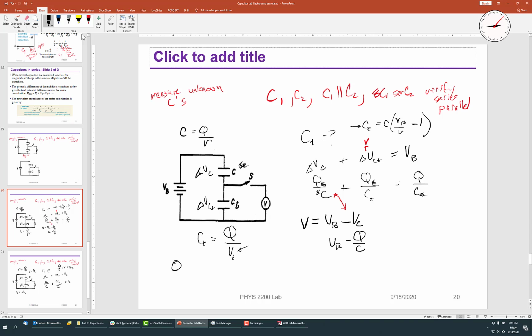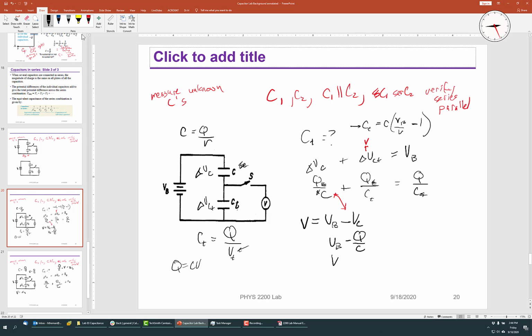If Q equals CV, we can use CT times the voltage across CT, or the C equivalent times the battery voltage, etc. So we can choose whatever we want.